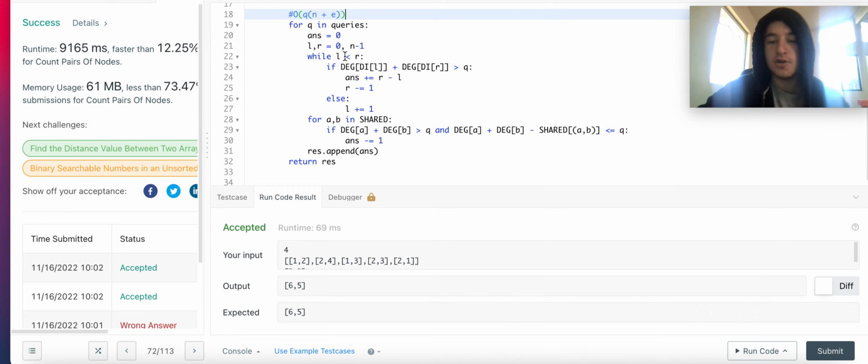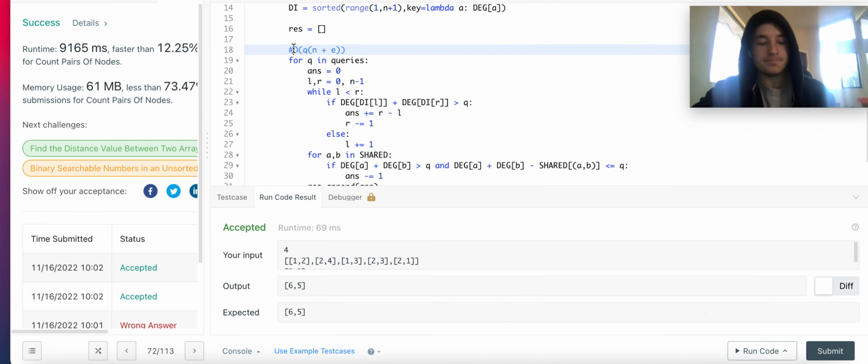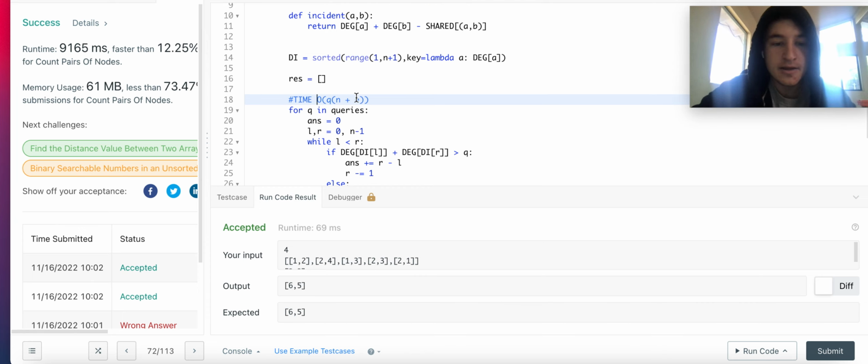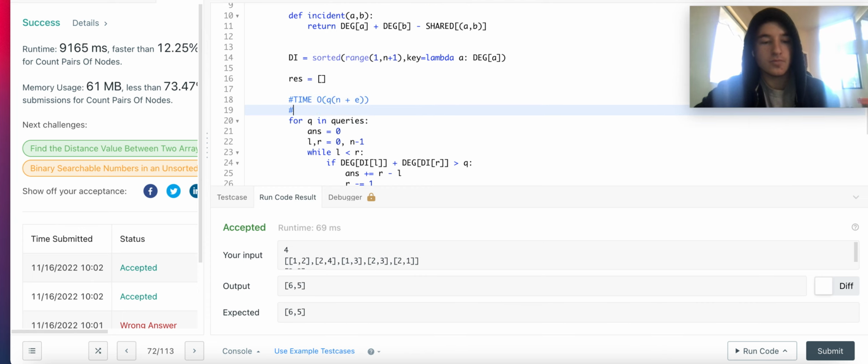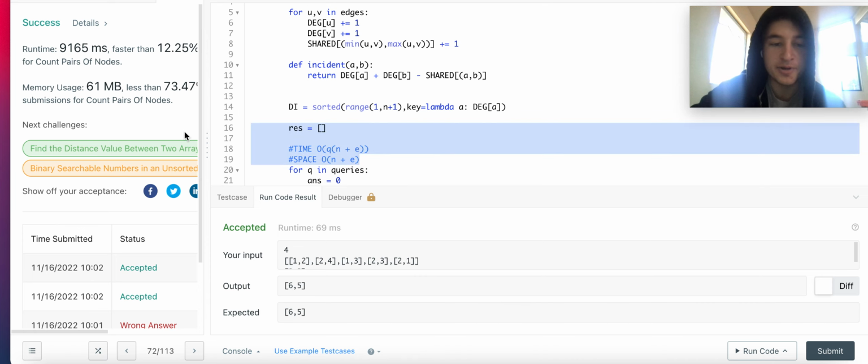So that's big O of Q times n plus e time. And then for space, we have to keep the degree of each node. So there's n nodes. And we also have to maintain information about each edge. So there's e edges, right? So big O of n plus e. That's time and space complexity. So that's pretty much it for this video.